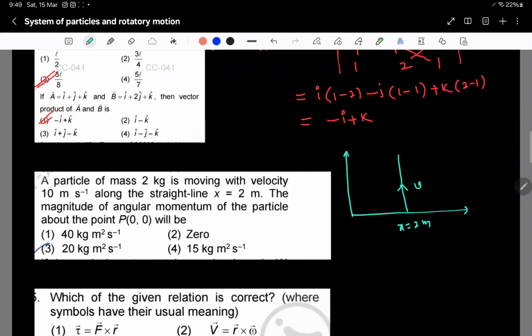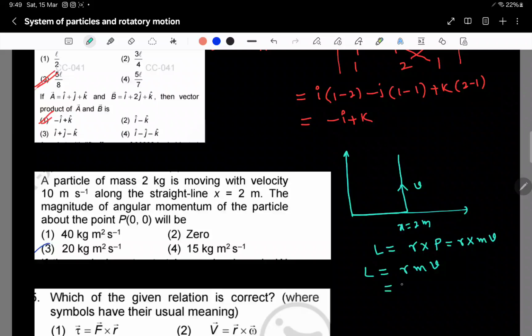Magnitude of angular momentum of the particle about the origin. Angular momentum L equal to r cross p, r cross mv. Correct only, no? So now the perpendicular component of mv about the origin is 2 meters only, students. So L equal to r mv.